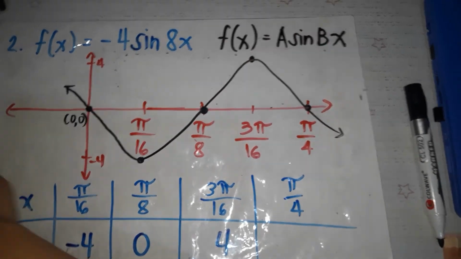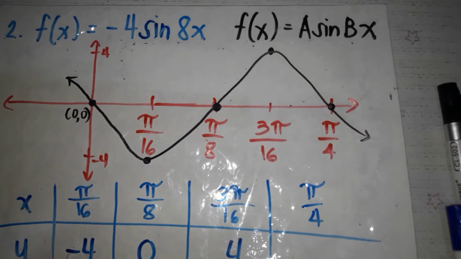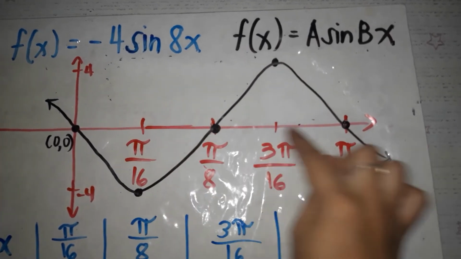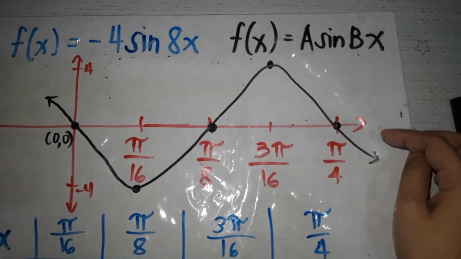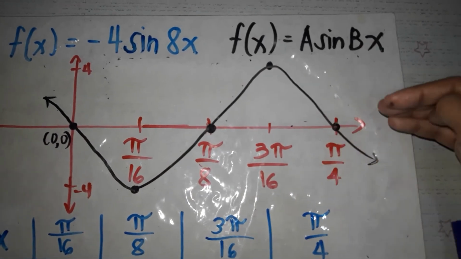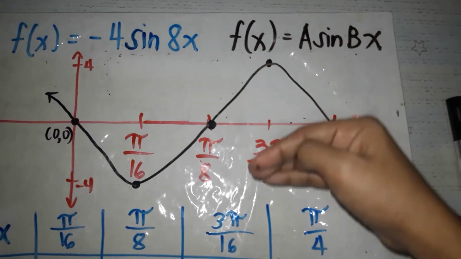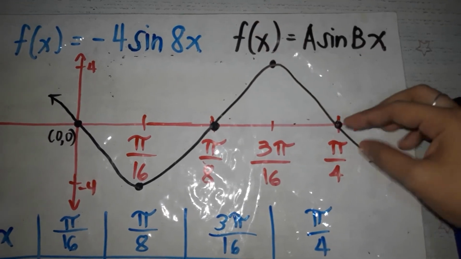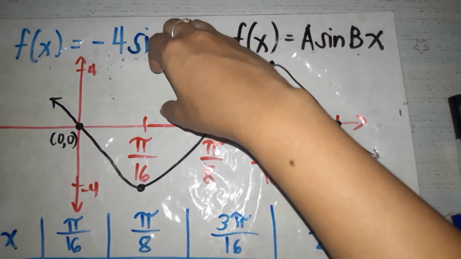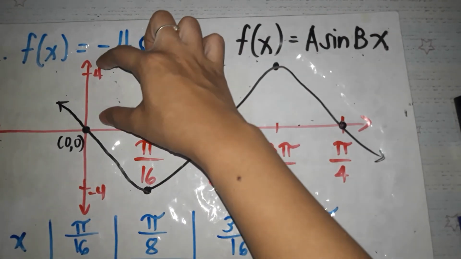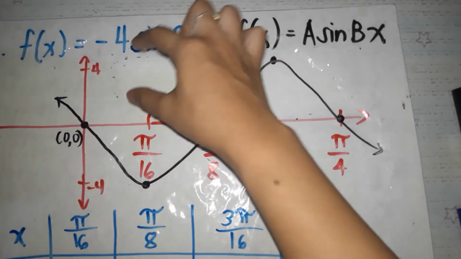And lastly, pi over 4 and 0. Remember that the characteristic of the graph of the sine function is that it is symmetric along the x-axis. Imagine if you fold this one, it will fit into the other half. This half looks like the other half at the top, both with 4 as the amplitude or height.